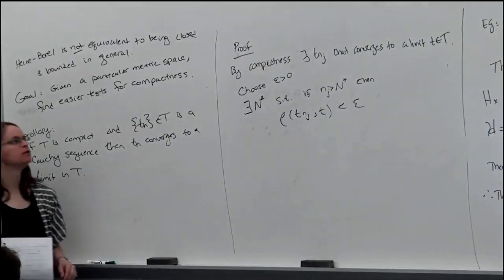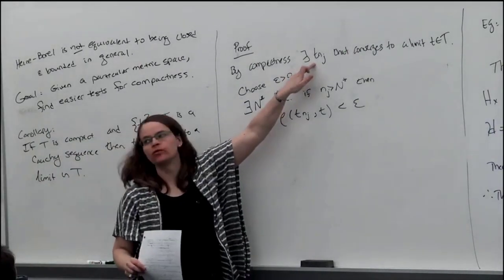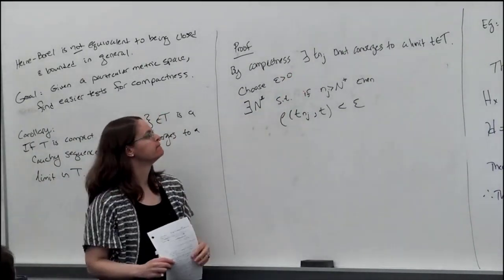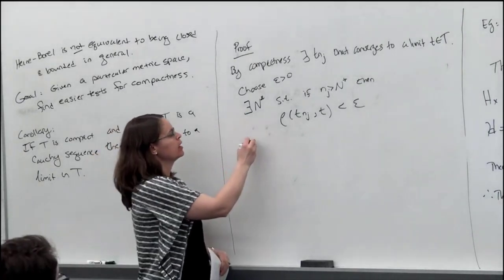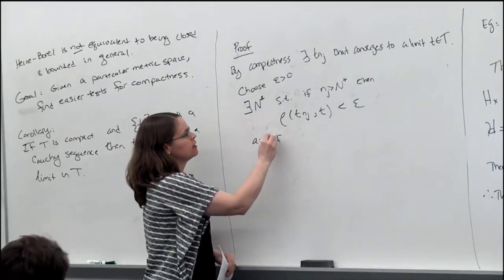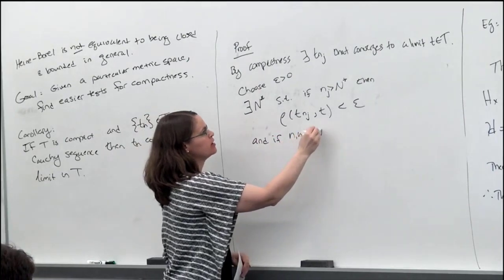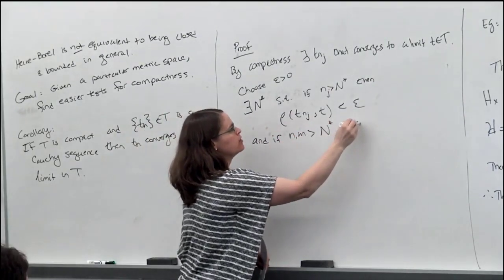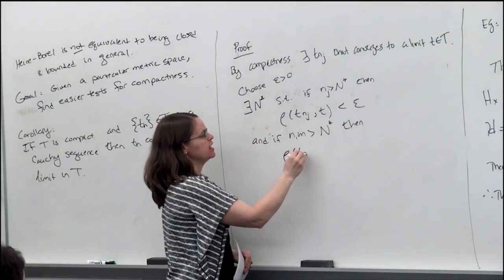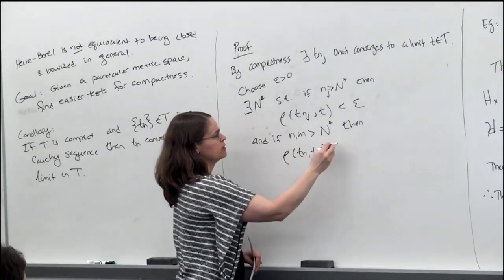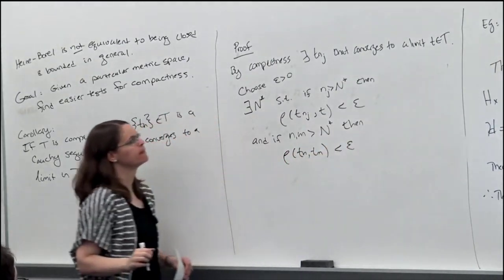That's the statement that this subsequence converges to a limit. And if n and m are bigger than n star, then the distance between Tn and Tm is also less than epsilon.